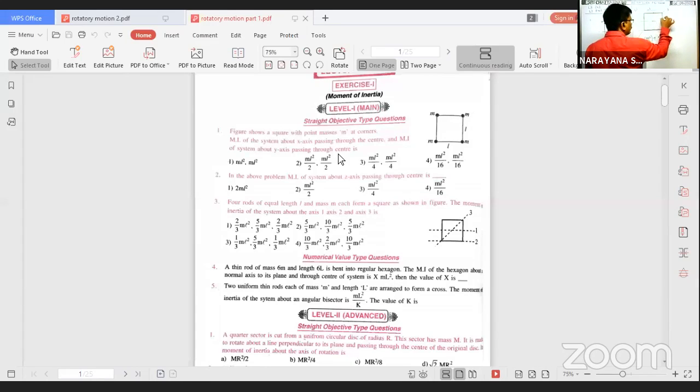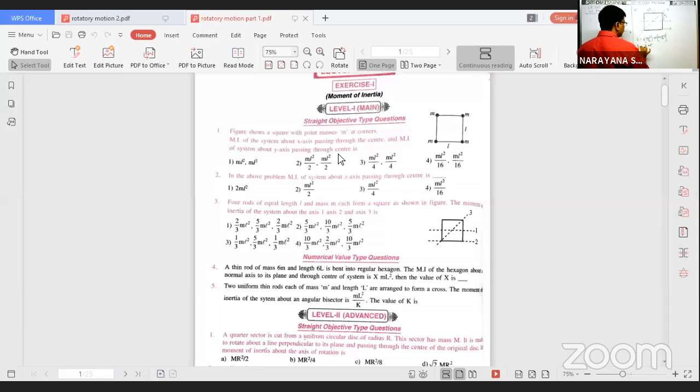This distance is L by 2, so L by 2 whole square is the moment of inertia of this rod. Similarly, for this rod also at the same distance L by 2, that's why into 2. You simplify them, then I think you will get 2 by 3 m L square.